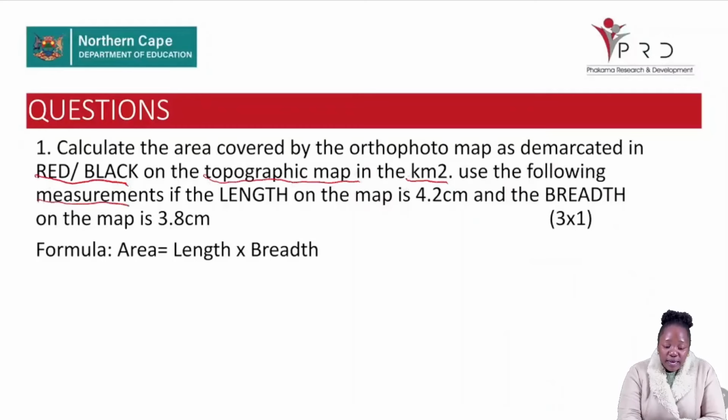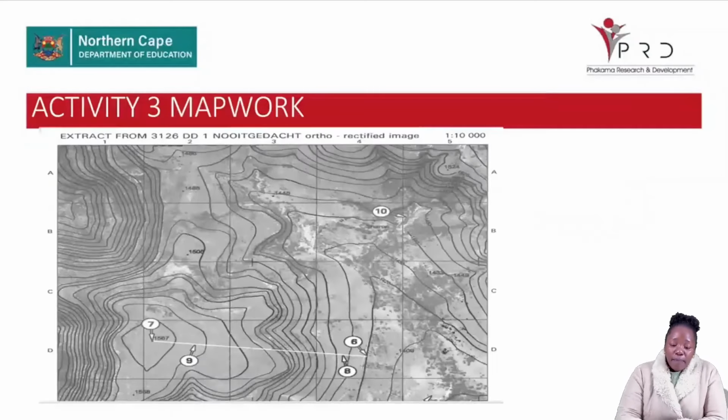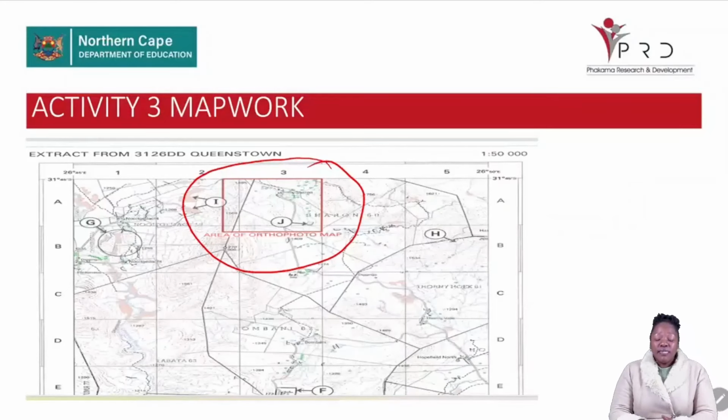So they've already given you the measurements. There is no need to go and measure again. The length is 4.2 centimeter and the breadth is 3.8 centimeter. Then the question says calculate the area. Remember the area we are talking about is this one. It can be covered in red and it can be black.